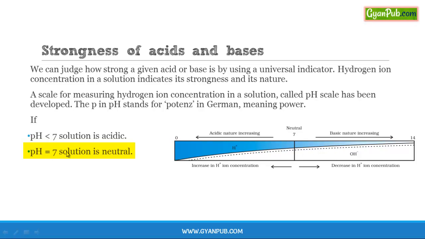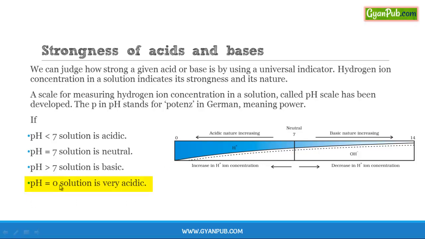If pH is greater than 7, then the solution is basic, as the OH- ion concentration increases from 7 to 14. From 7 to 14, the basic nature is increasing, where the OH- ion concentration is increasing and the H+ ion concentration is decreasing.